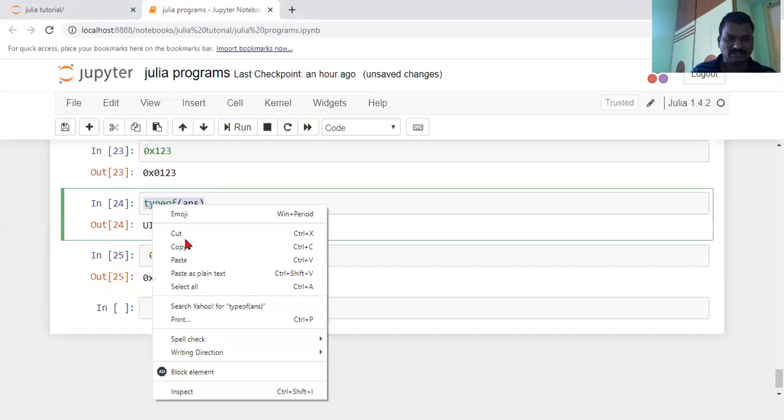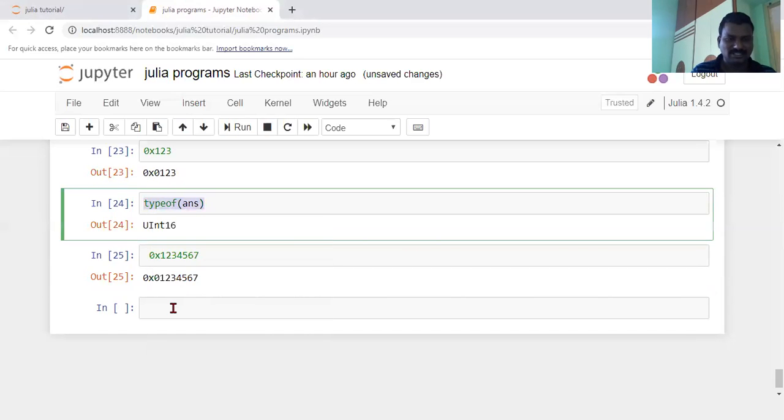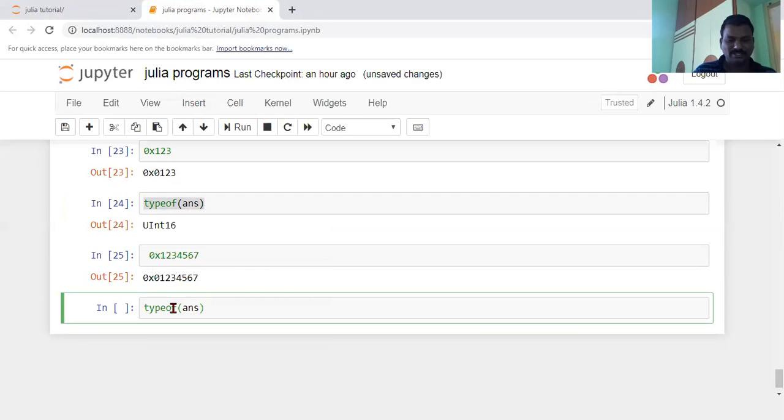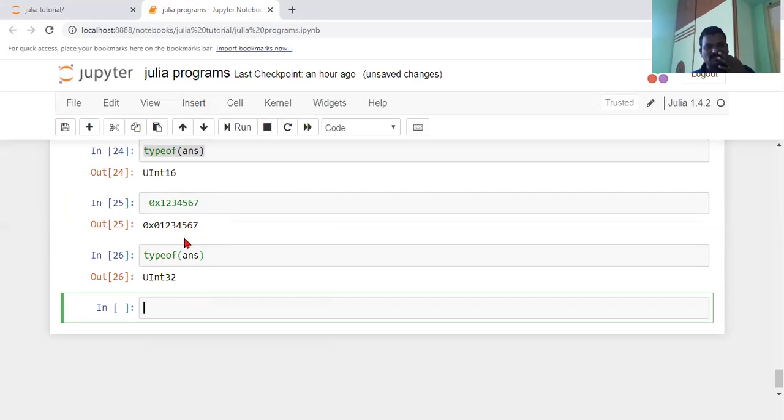If you copy this one, what is the answer type here? It's maybe 32 bit, that means the answer type is an unsigned integer with 32 bits, not 16 bits. And then, for example, I am taking a long integer value here.